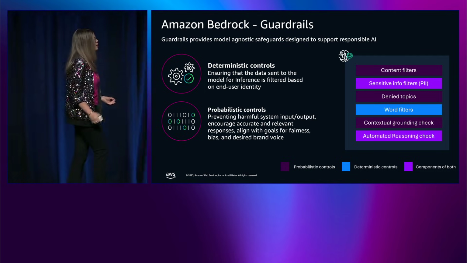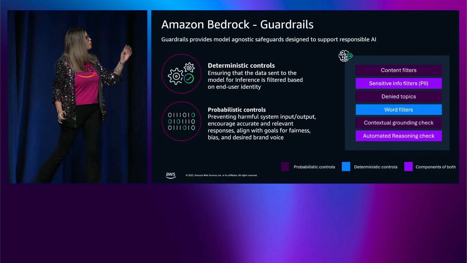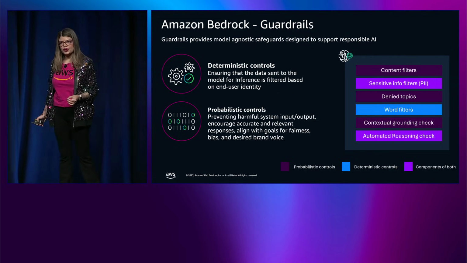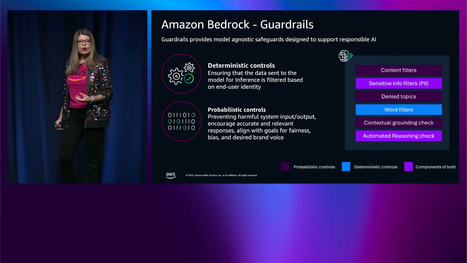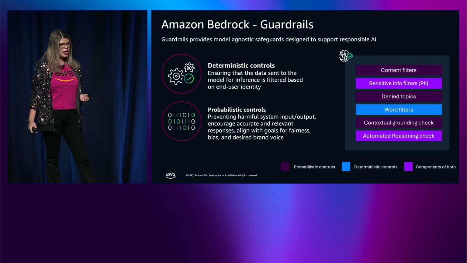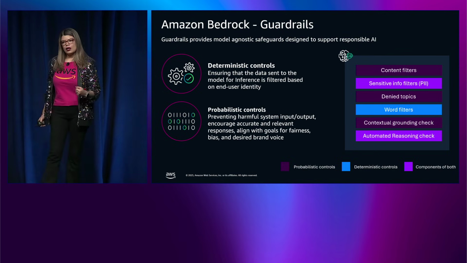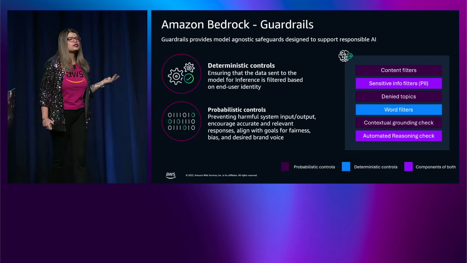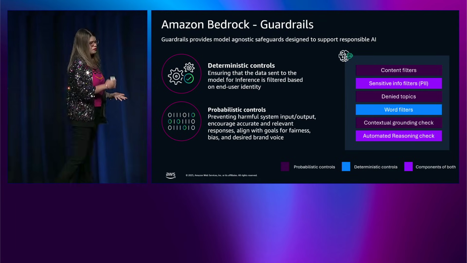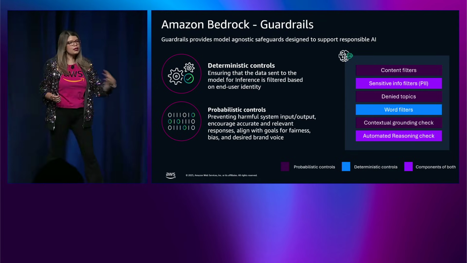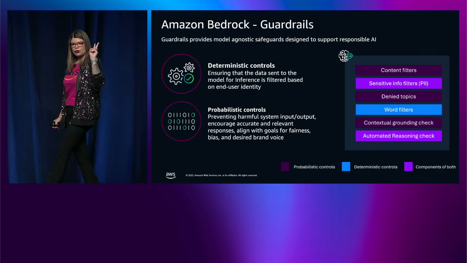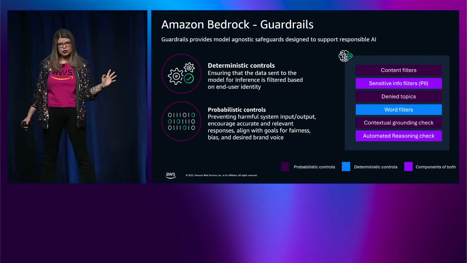There is also here the control of the PII, so the personally identifiable information. In some cases, we need to receive this PII, so the name, the identification, the email of someone. But we don't want to retrieve this information. So we can choose two options over here.